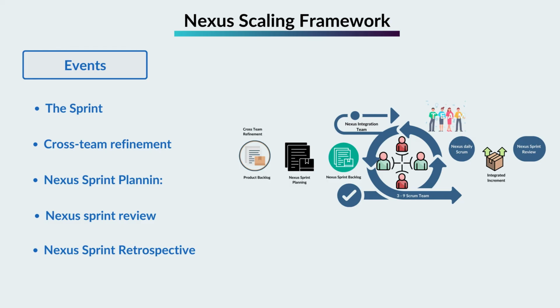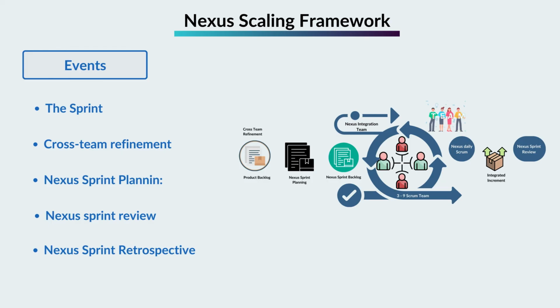The main purposes of Nexus sprint planning are: alignment of sprints to the product goal, defining the sprint goal for each team, creating a single Nexus sprint backlog representing the worklog of the Nexus team and making the interdependencies transparent, and creating a sprint backlog for each team aligned with a single product backlog.